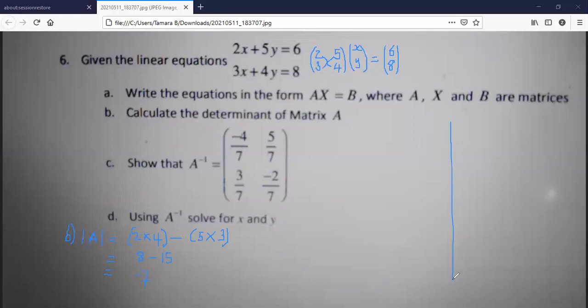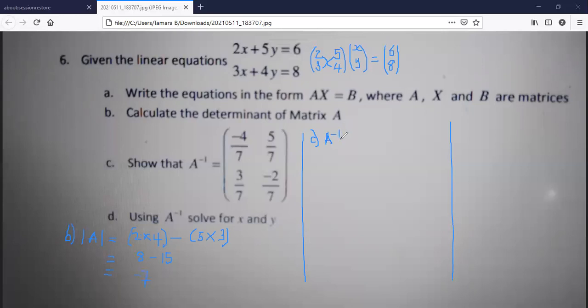Part C, we're to show that A inverse, so that A to the minus 1, there is a symbol used for inverse. How do we find the inverse of A? That's A to the minus 1.